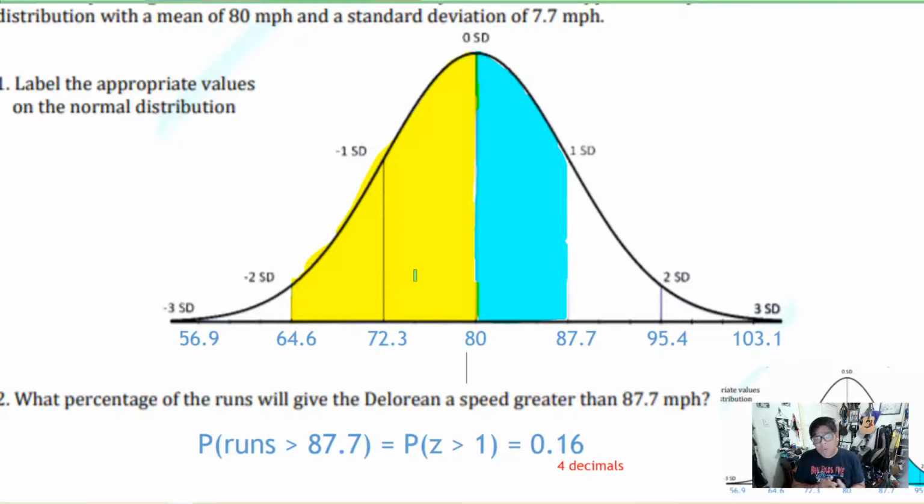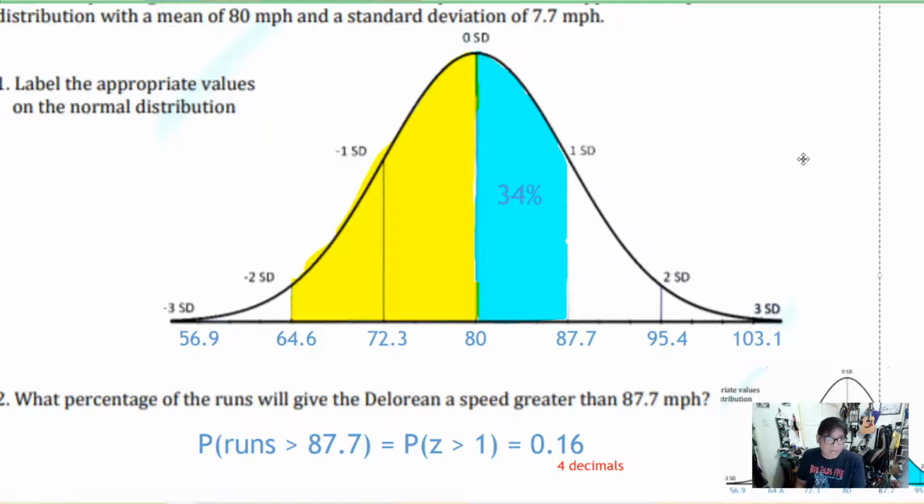Now, I already know the blue thing because we did that actually just a few moments ago. Between a standard deviation of 0 and a standard deviation of 1, that was 34%. And remember that 34% is half of the 68% because we're only looking at between 0 standard deviations and 1 standard deviation.